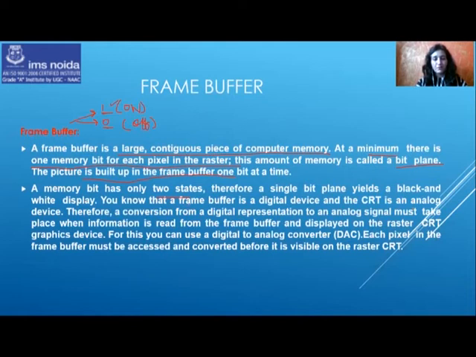You know that a frame buffer is a digital device and the CRT is an analog device. So conversion from the digital representation to an analog signal must take place when information is read from the frame buffer and displayed on the raster screen.